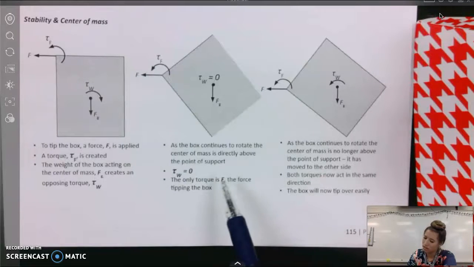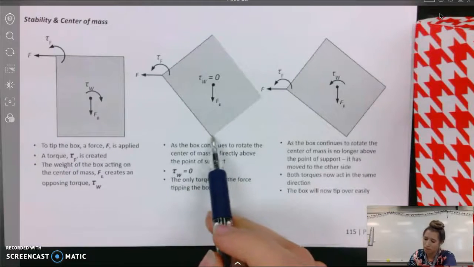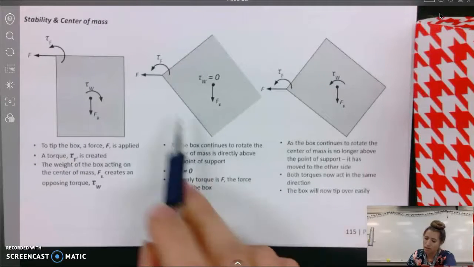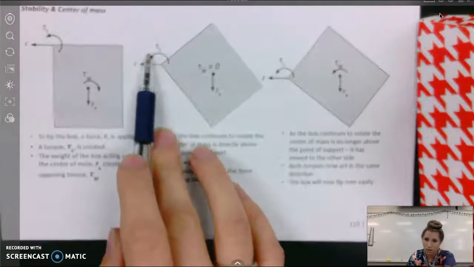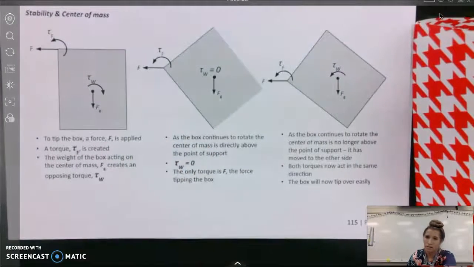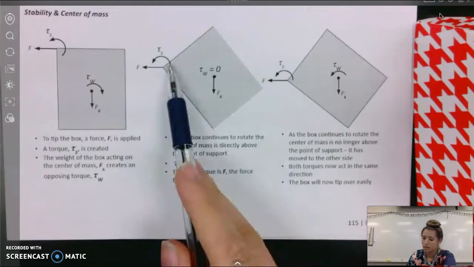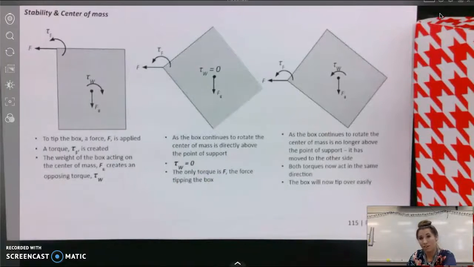And this is kind of that teetering point. So at this point, when this happens, the only torque acting on the object is from the force. And so that must mean that it's going to continue to rotate and fall over.